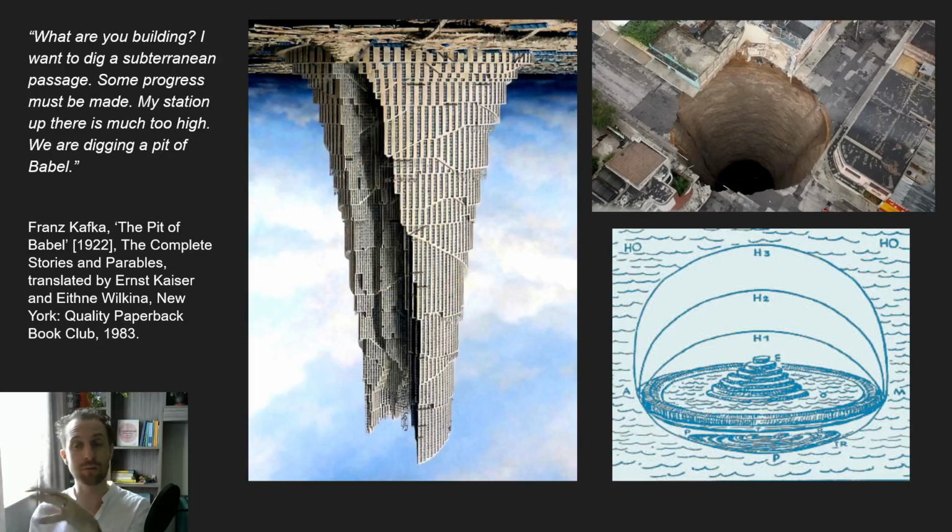It's an interesting reversal, and I think architecturally it's an interesting symmetry where to build a tall building or to dig a large pit, we are reversing a lot of the engineering problems, but formally we create things that are almost a perfect mirror image of one another.